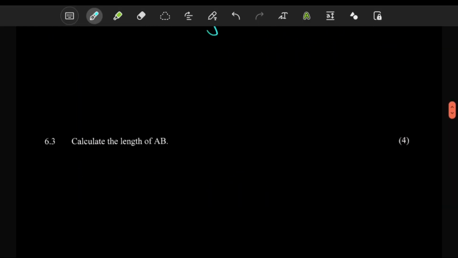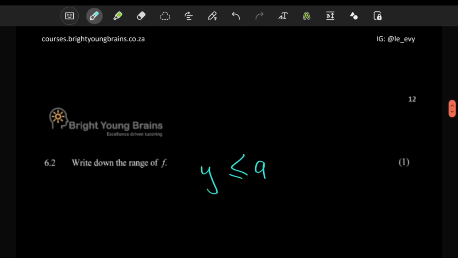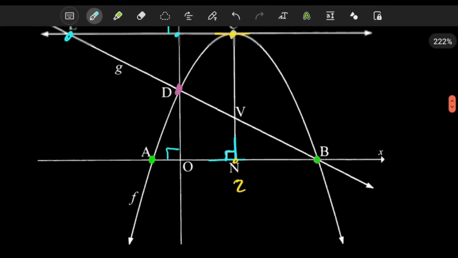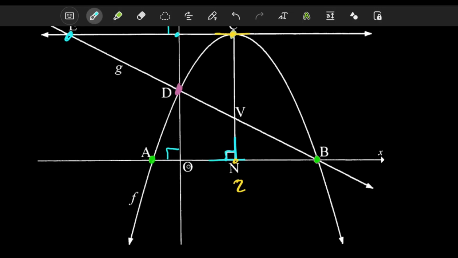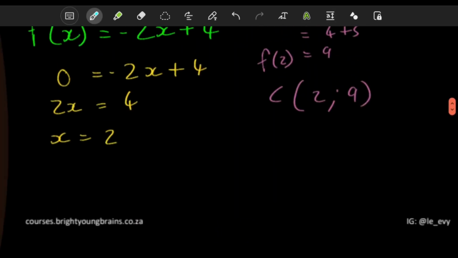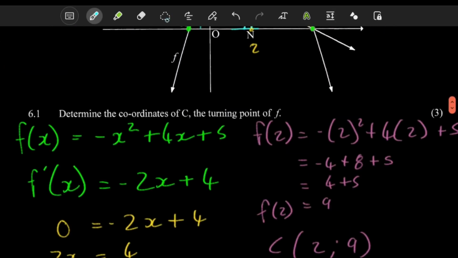Moving on. For 4 marks here, they said you should calculate the length of AB. Getting the length of AB is the easiest thing ever, because you just need the x-intercept. Get the x-intercept there, get the x-intercept there, and then compare the distance. Getting the x-intercepts of this parabola, we can clearly just use the quadratic formula.